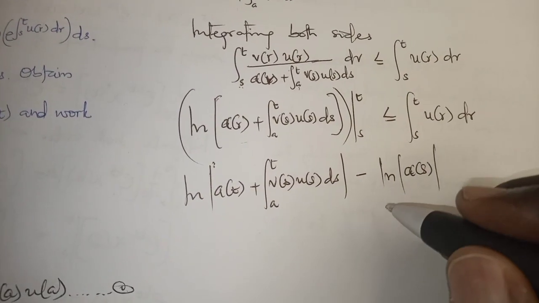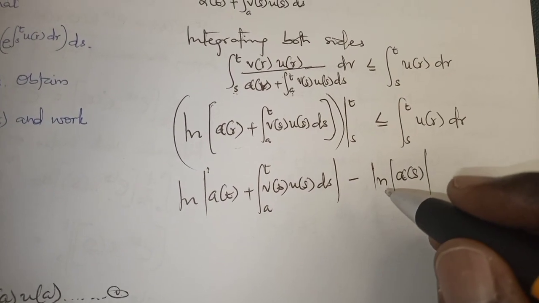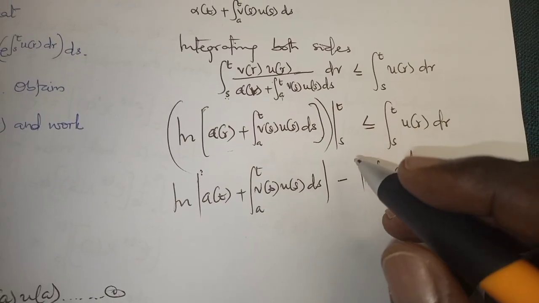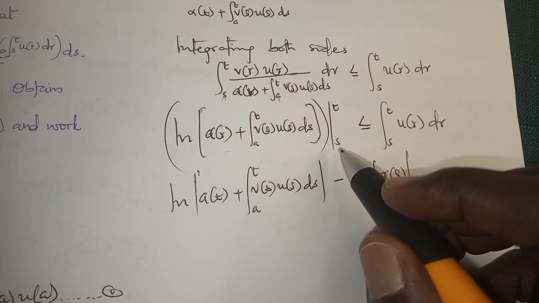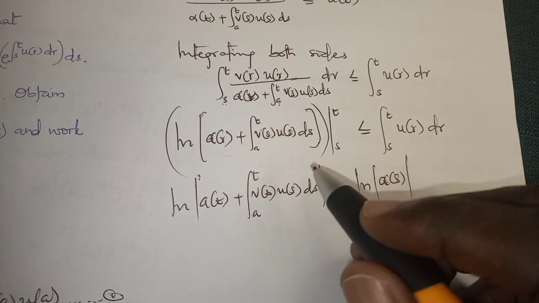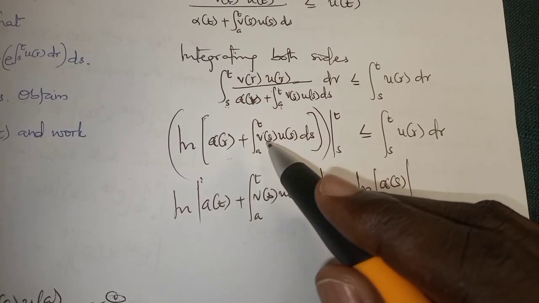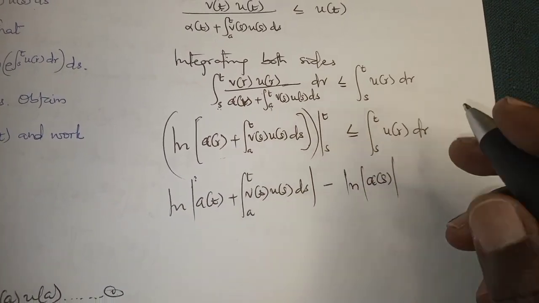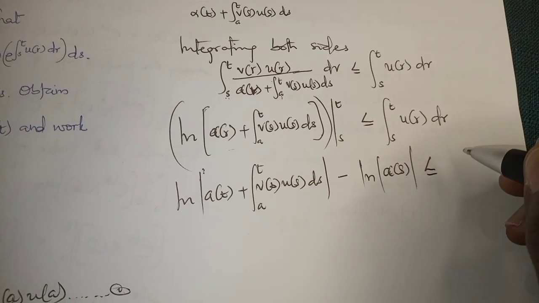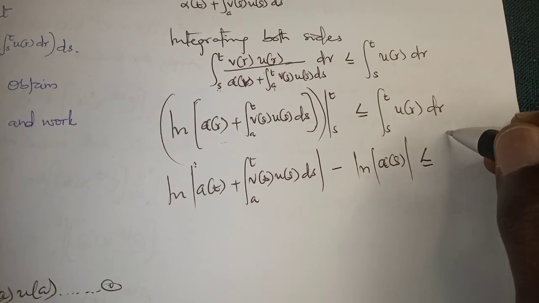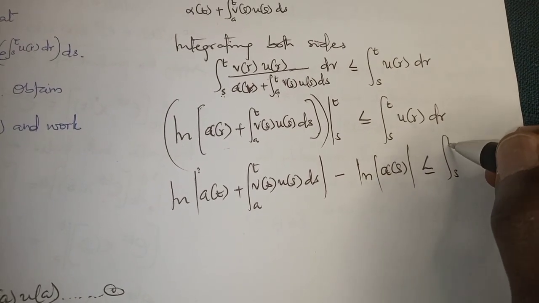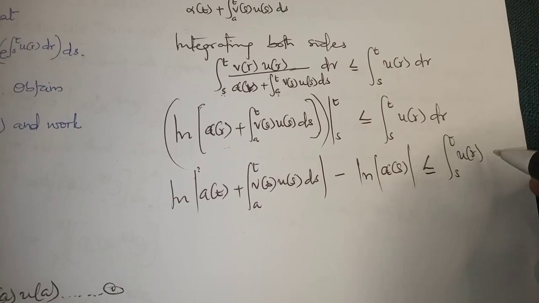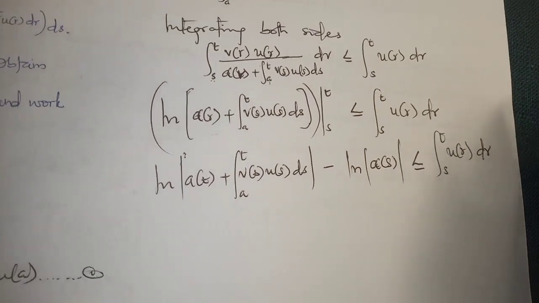That's because all the functions are non-negative. If all the functions are non-negative, the least value we could get for the lower limit is 0. So everything here tends to 0, then we're having this, so less than or equals to the integral. We just copy the same thing there.